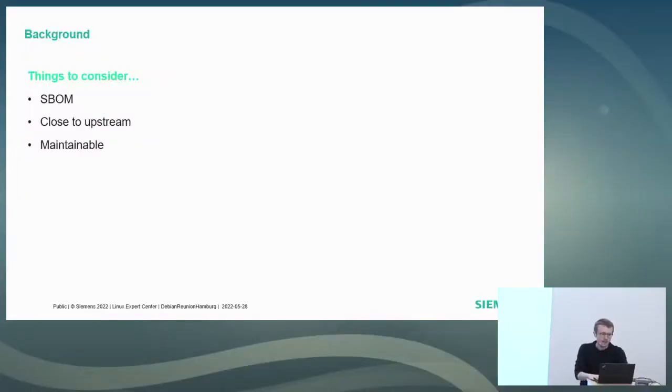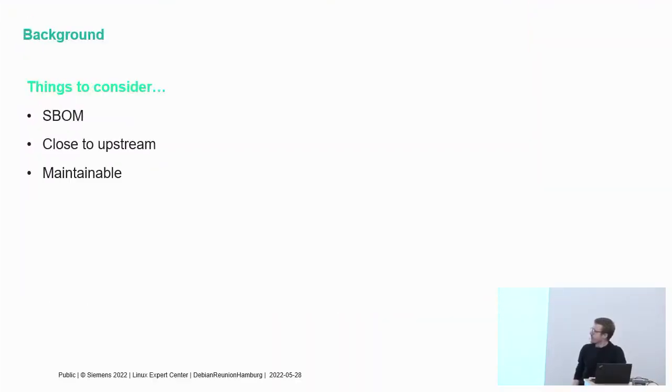Okay, a couple more things we had to consider. Software bill of materials: as I said, we really wanted to know what's in the product. We also want to be reproducible, to be sure that when we run the build two times, the same artifacts are generated.